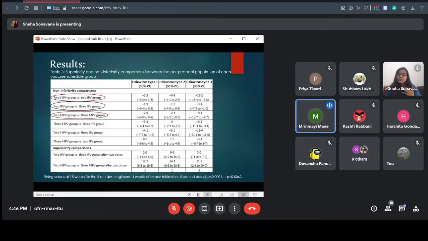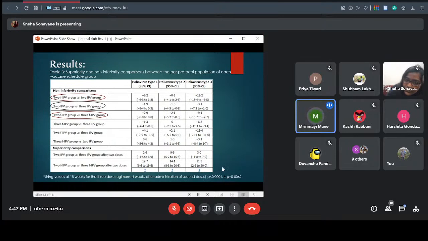Okay. So this table shows the superiority and non-inferiority comparisons between the per protocol population of each vaccine schedule group. So in the non-inferiority comparisons, when you look at the 2 fractional IPV group versus 2 IPV group, the first one, it showed non-inferiority for poliovirus type 1 and poliovirus type 2.